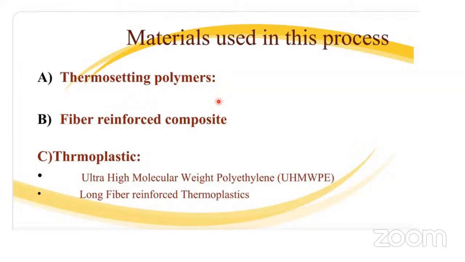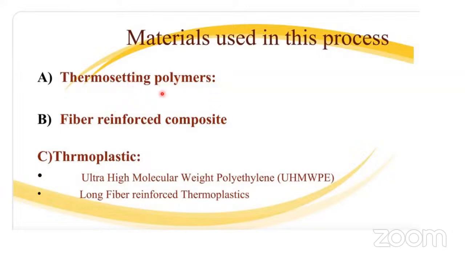And polyester resin. Which polyester? That is an unsaturated polyester. Now, what is a phenolic resin? Phenolic resin has two types. One is novolac resin and the second is resole resin. Novolac resin we are using in compression molding. Resole resin we are using for lamination purposes.